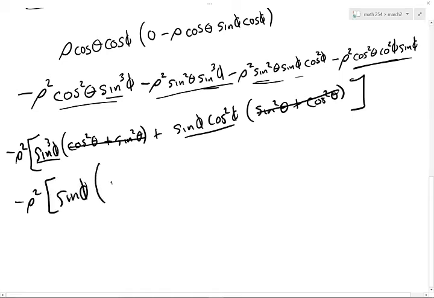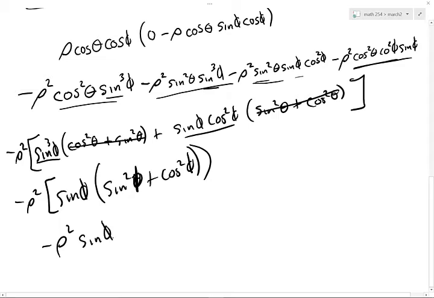And you're left with sine squared phi plus cosine squared phi, which of course is just 1. And so I'm left with this thing here. But this is supposed to be a Jacobian, ergo it really ought to be positive.